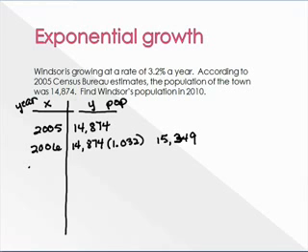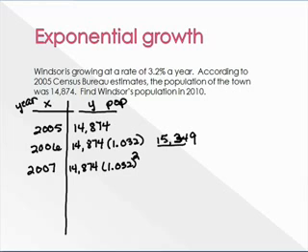All right, for 2007 then, we would take that population that we had before, so the 14,874 that we had multiplied by 1.032, which gives us this number, and we would take that then and multiply it by 1.032 again. So I'm going to write it here as we're multiplying it by this quantity squared.